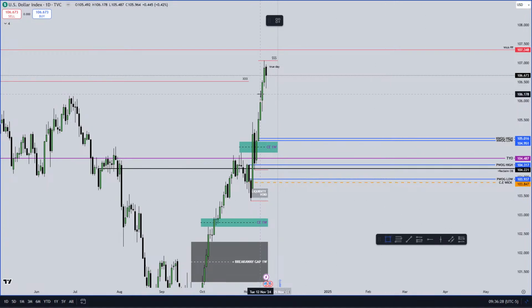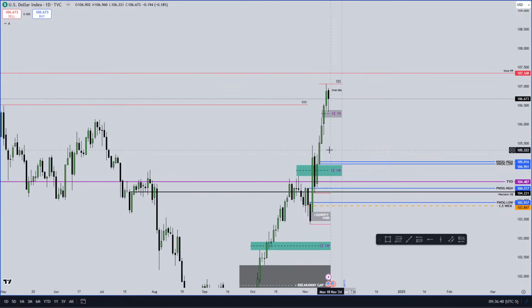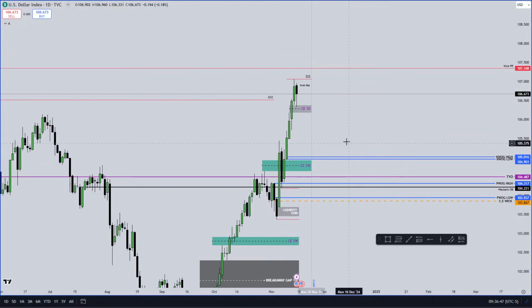If the price does close below this FVG on the daily chart, then we can expect the price to retrace a bit lower and then give a push.